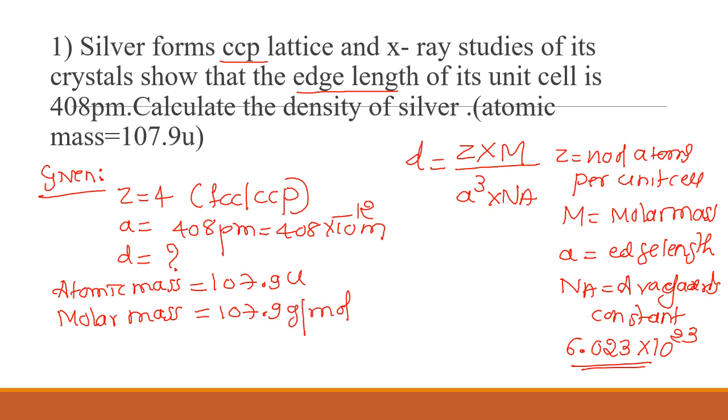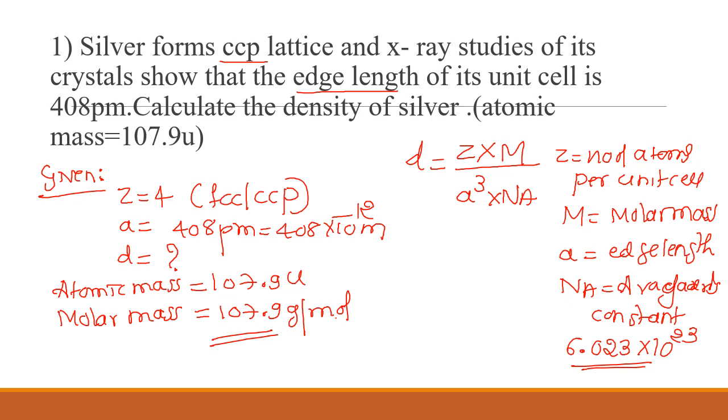If the atomic mass is given in terms of U, unified mass, then it is atomic mass. If you write the unit as gram per mole, then it is molar mass. The value is the same in both cases.